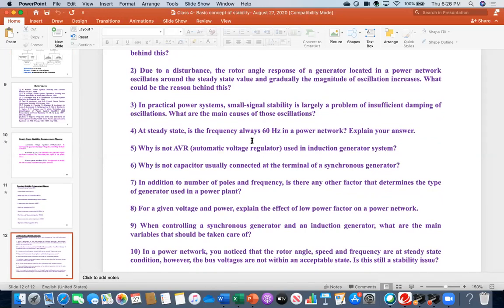So, do you think the frequency is always 60 Hertz in a power network? It may go up and down. We are talking about the United States, so that's why I said 60 Hertz. You might think of another country as well, let's say 50 Hertz. Do you think that always the frequency should be 50 Hertz, or in the United States 60 Hertz always?